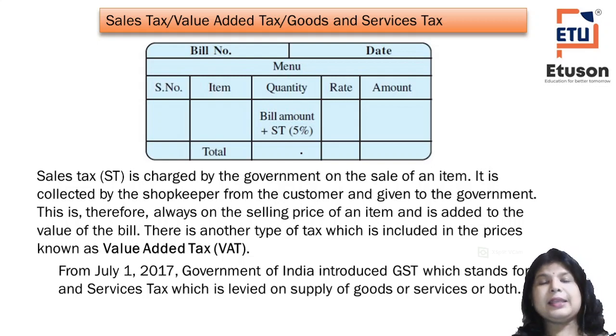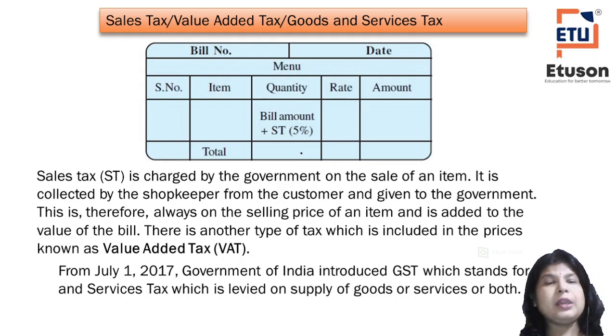There is another type of tax which is included in the price. The price is already quoted with this tax included, and that is called value added tax. In short, it is known as VAT.